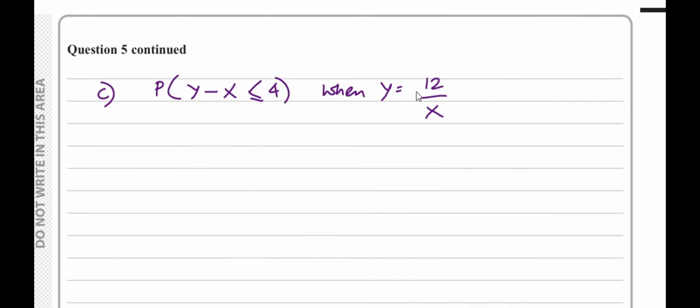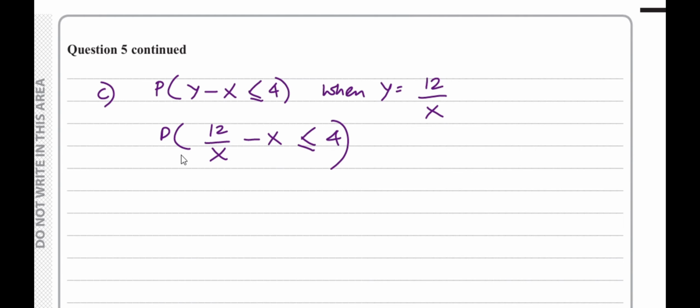We just substitute Y equal to 12 over X in this one. So we have probability of 12 over X minus X is less than or equal to 4. So this is what we're going to find out.